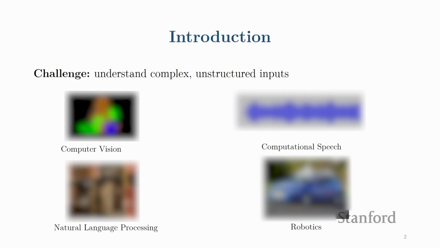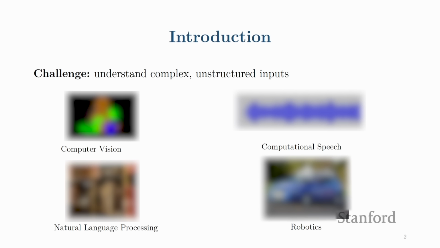So, at a high level, one of the reasons I think these models are becoming so important in AI and machine learning is that they address the fundamental challenge that we encounter in a lot of subfields of AI, like computer vision, NLP, computational speech, even robotics, and so forth.